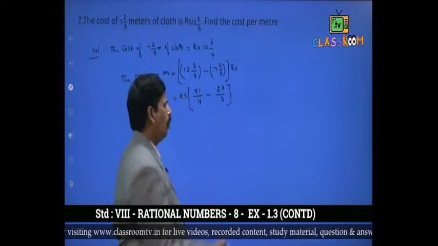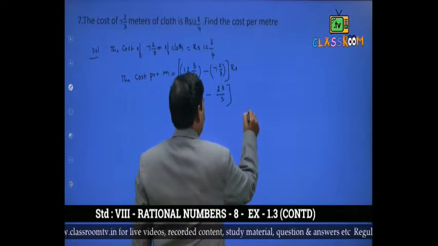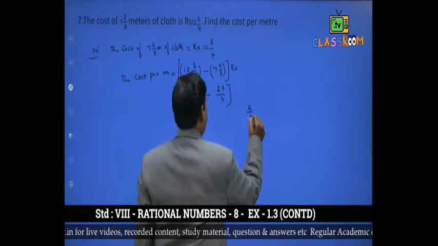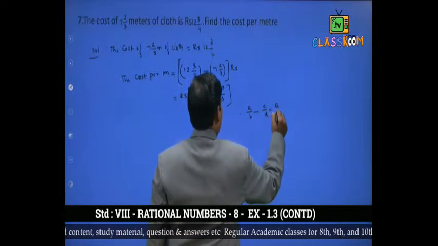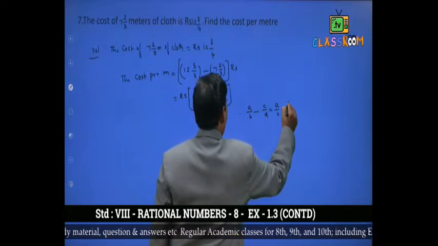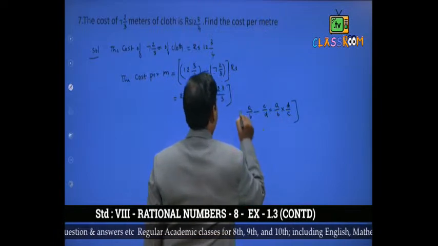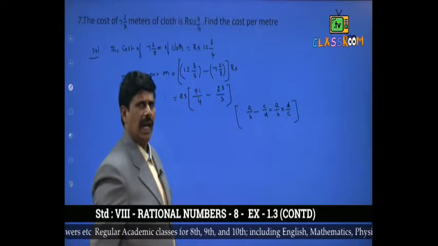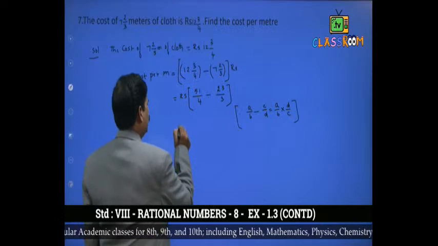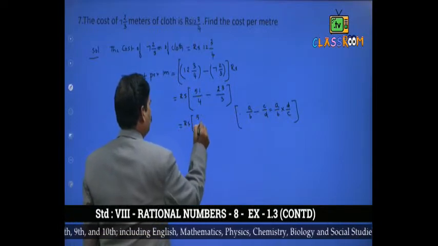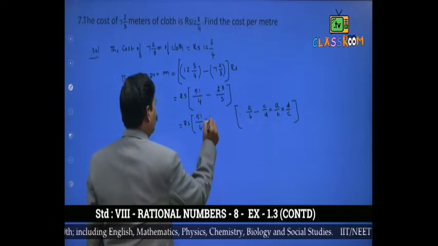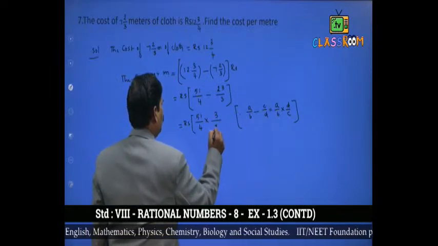Yes, you know, A by B divided by C by D is same as A by B into D by C. So as per that, this will be rupees 51 by 4 into 3 by 23.